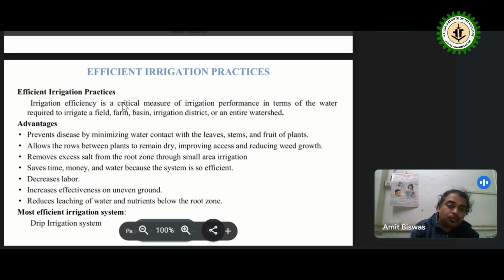So it reduces the water losses, leaching losses, nutrient losses, and the water footprint is least under drip irrigation system as compared to other irrigation systems like surface irrigation, sprinkler irrigation, and all others.